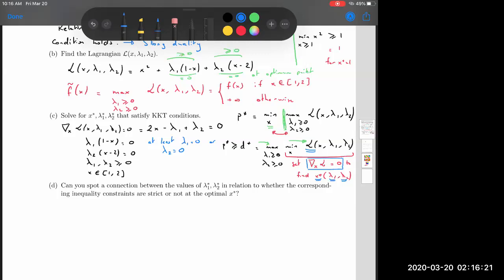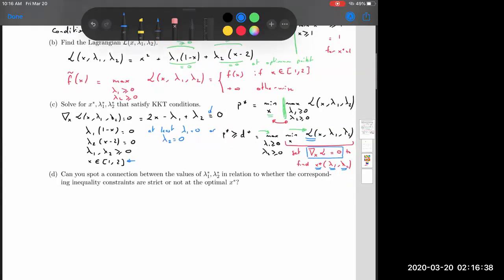But that's actually not the case. If both are equal to 0, x is equal to 0 because of this condition, and x is not feasible. So they cannot both be equal to 0. So you have to have one equal to 0, either lambda 1 is equal to 0, or lambda 2 is equal to 0.